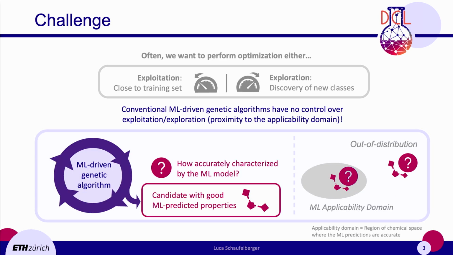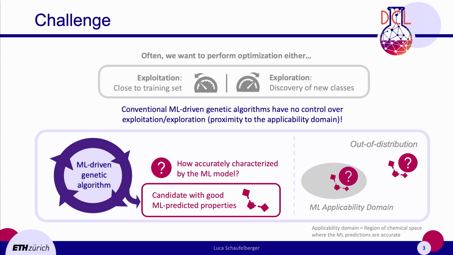Let me illustrate this with an example. We do our optimization, and at the end we get some candidate out that has some very nice machine learning predicted properties. We might look at this molecule and think, how well is it now characterized by the machine learning model? Did we stay well within the model applicability domain? We have accurate predictions, but maybe didn't move so far.